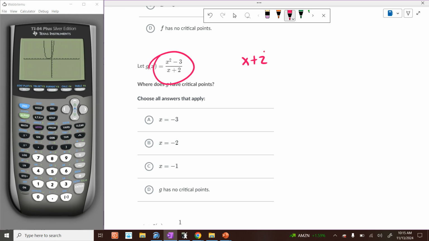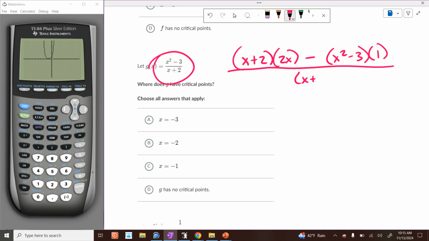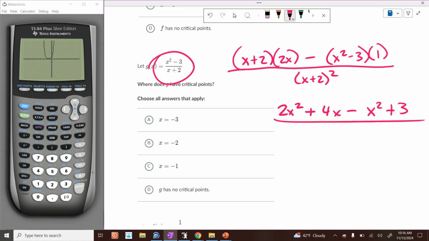X plus 2 times 2x minus x squared minus 3 times 1 all over x plus 2 quantity squared. So it's 2x squared plus 4x minus x squared plus 3. Be careful there. You got to distribute your negative sign through the second set. Over x plus 2 quantity squared.